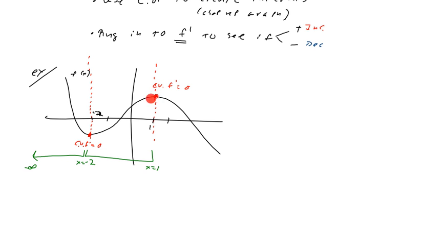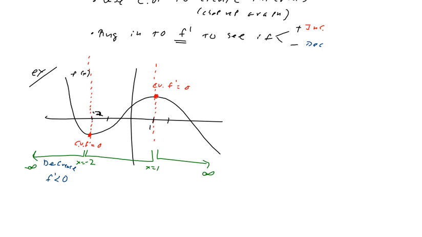And then from x equals 1 on to positive infinity, the graph is decreasing again. So here I have a decreasing graph. F prime is going to be less than 0 in that section.